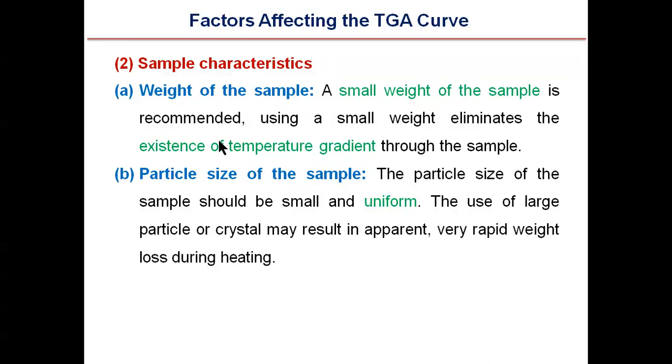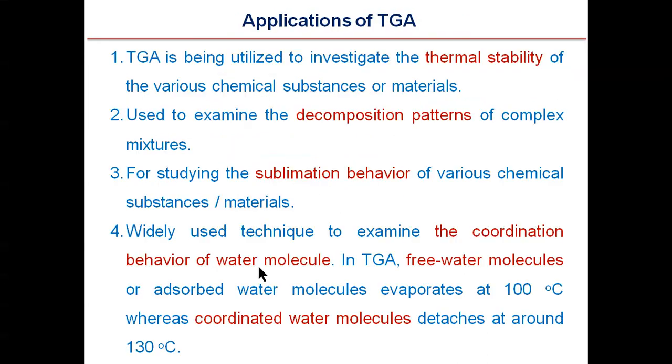So it is very important to have uniform and small size particles of the sample. If not, the rapid weight loss during heating can be observed in the TGA curve. Such factors are very important in affecting the TGA curve.